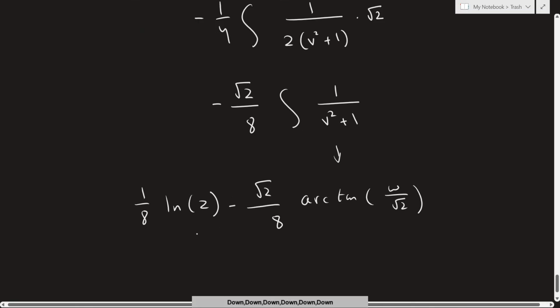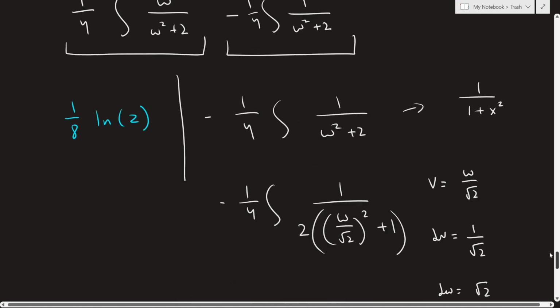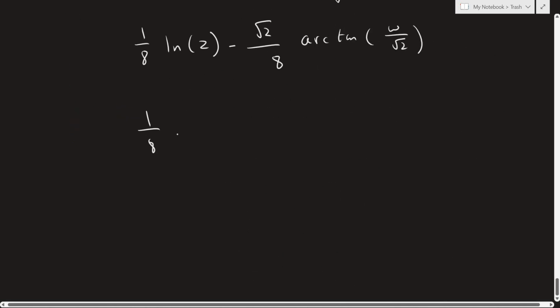Now we need to change everything back, the letters, we don't want to see them. So what did we choose z to be? We chose it to be w squared plus 2. So 1 over 8 ln of w squared plus 2 minus radical 2 over 8 arctangent of w over radical 2. Now let's change w.